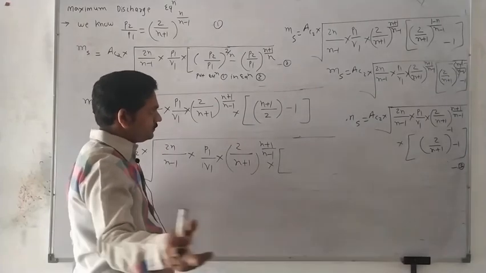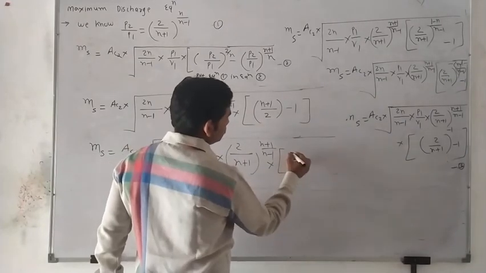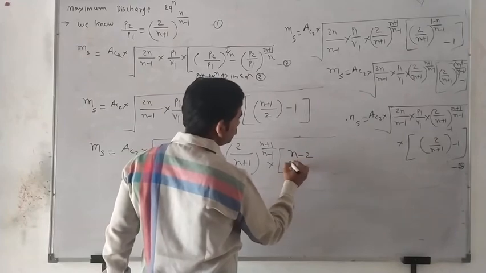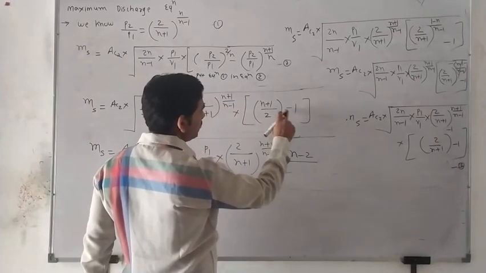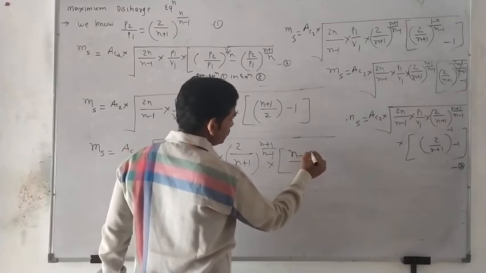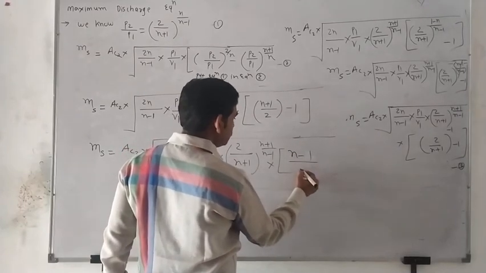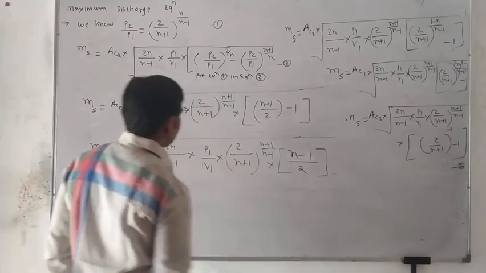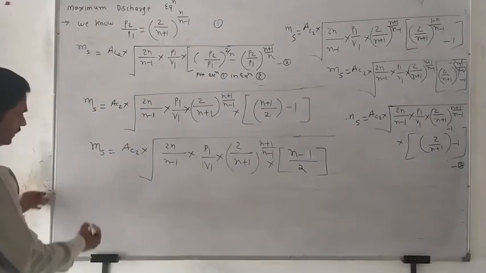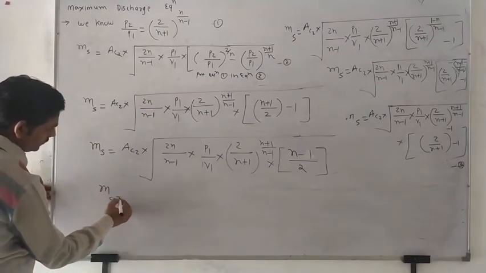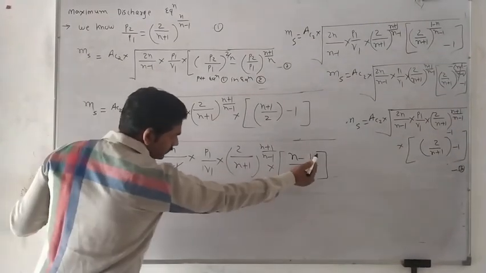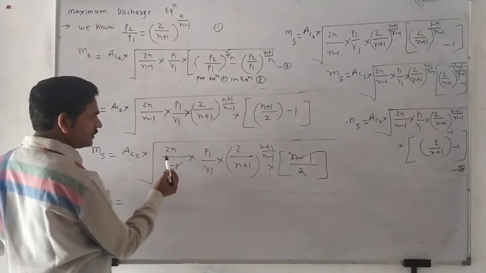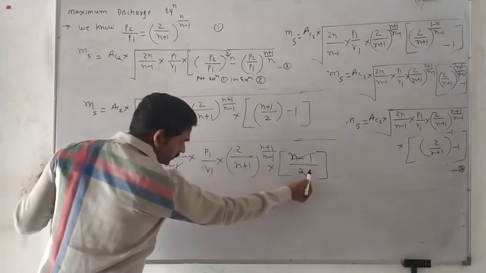Very good. So n minus 1 upon 2, correct. Okay, so after solving, what is remaining? You see properly. This n minus 1, this n minus 1 cancel. Then this 2 is cancelled.